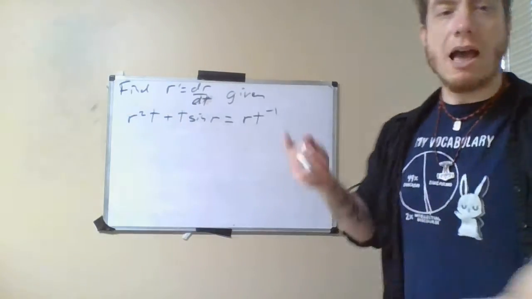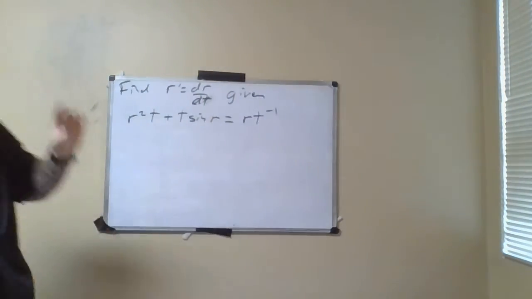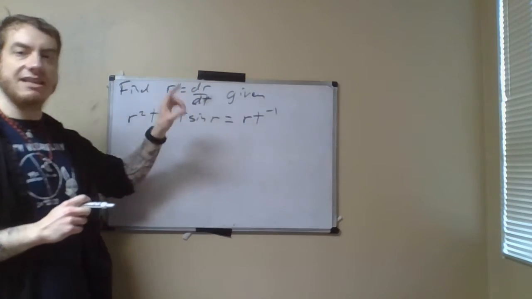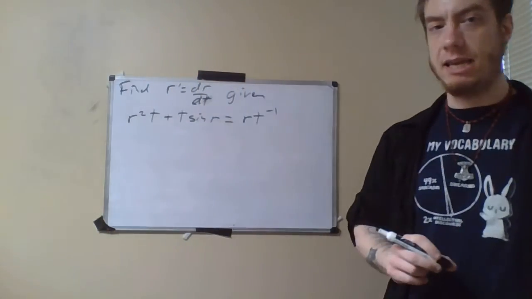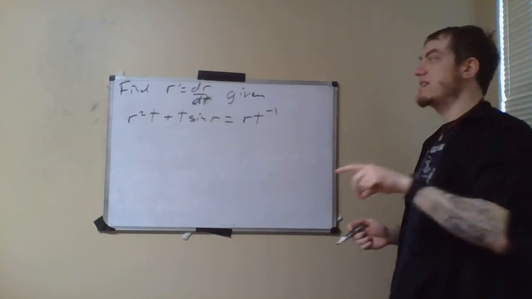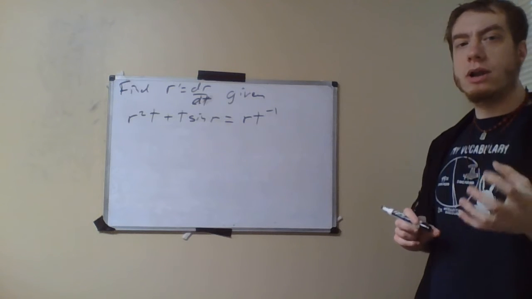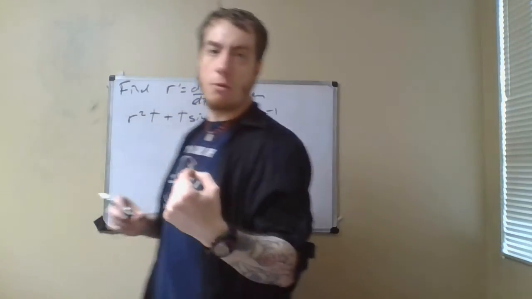Again, I'm just making up this example for the sake of running through something. So r is going to be the dependent variable here. We think of r as dependent upon t. Therefore, if I differentiate with respect to t, I have to actually treat r like a function, and that means applying the chain rule.